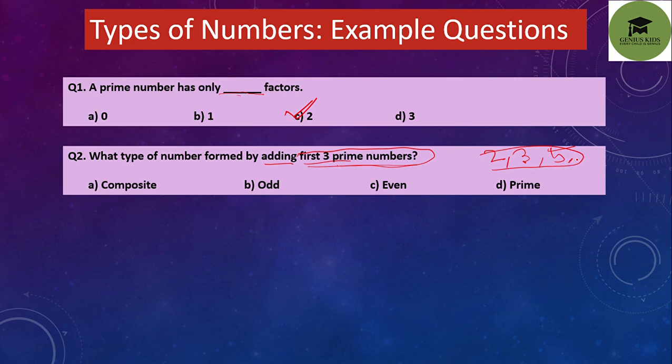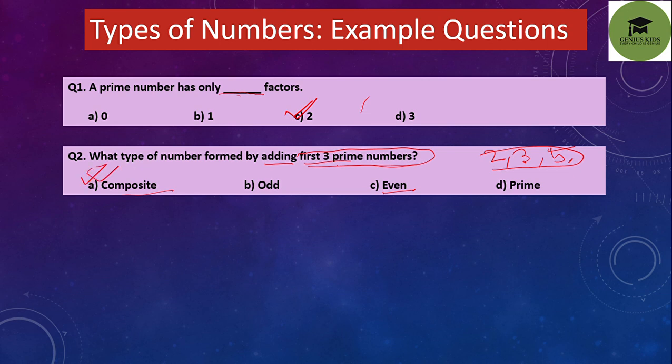So 10 is a composite number. If you see here, it is also an even number. So in this case both are correct, but the more correct one is composite.